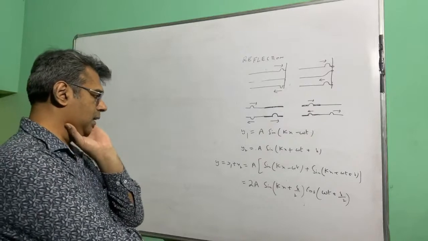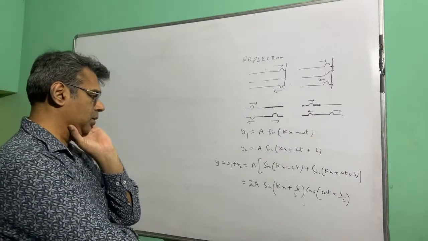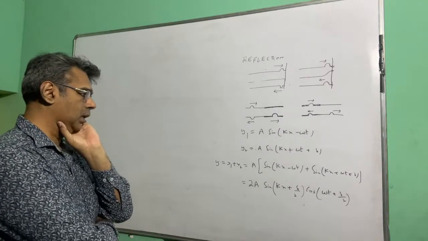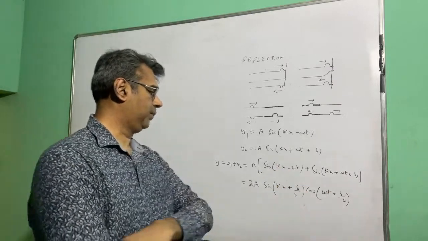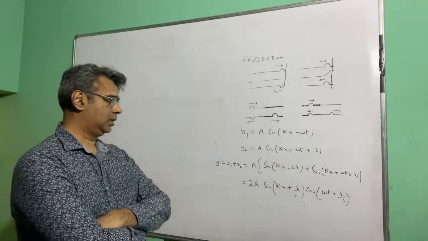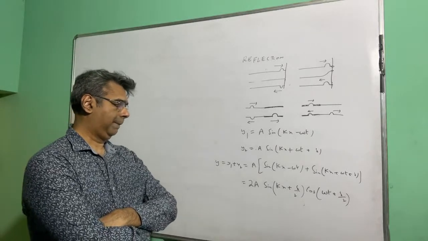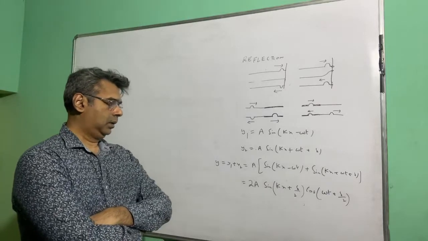So 2a sine kx plus delta by 2 cos omega t plus delta by 2. So this is sine plus sine, so this will be the resultant: 2a sine kx plus delta by 2 cos omega t plus delta by 2.